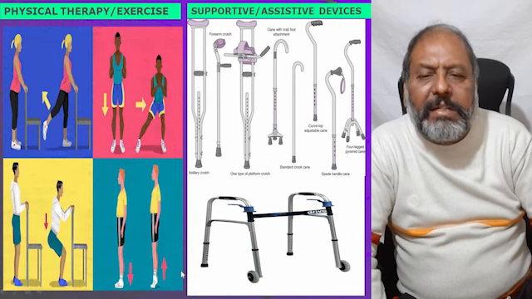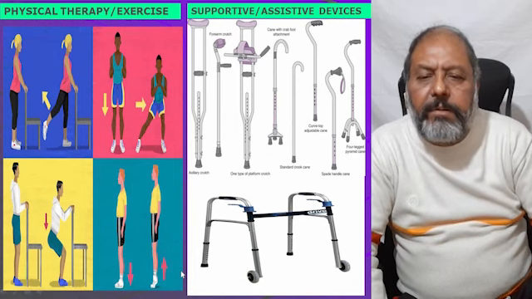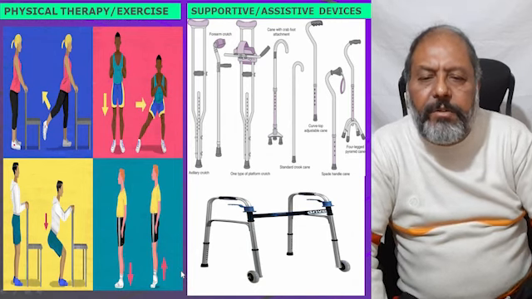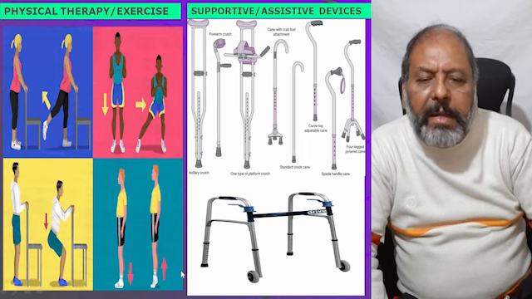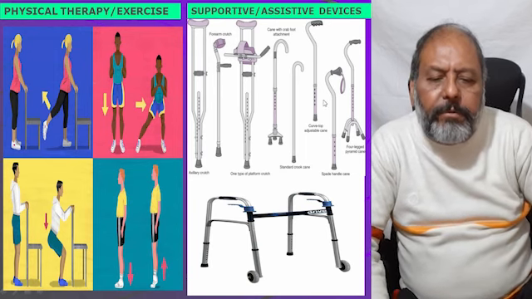And here one can see the physical therapy exercises which are being used to strengthen the muscle. As one can appreciate, the different exercises can be applied and used according to the need of the patient.